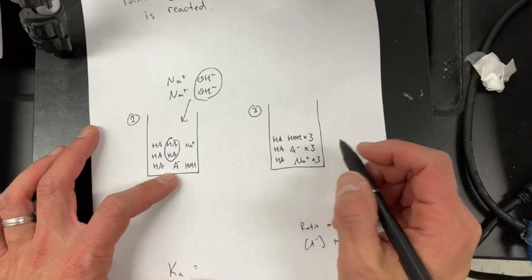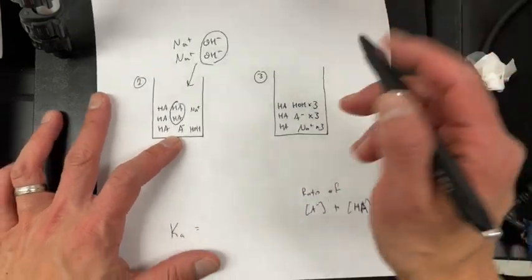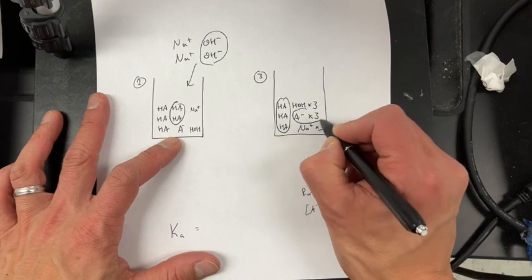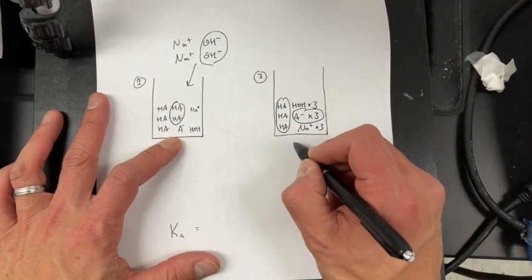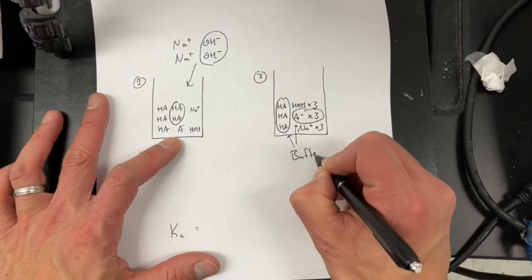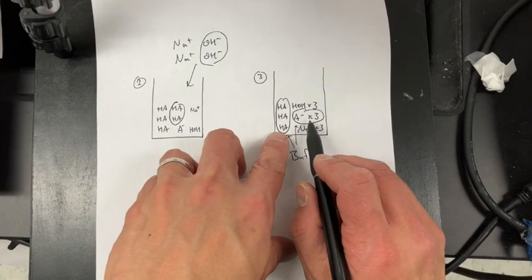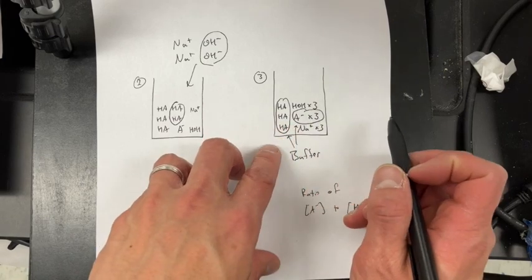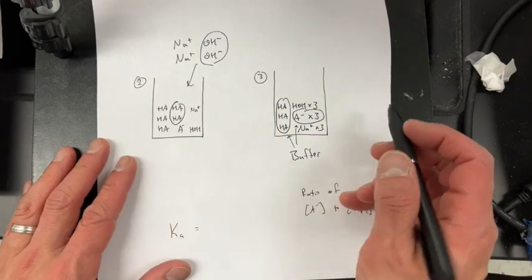Well, what's going on now? I've got 3 HAs, I've got 3 A negatives, so I still have a buffer, because by definition, I have to have the acid and its conjugate.